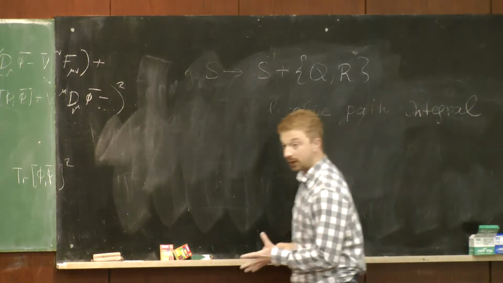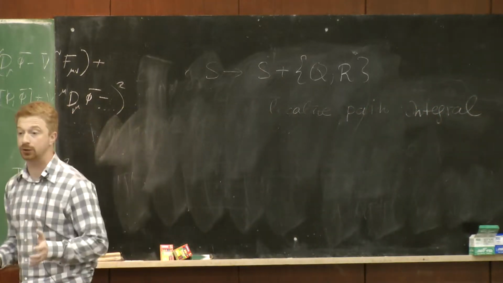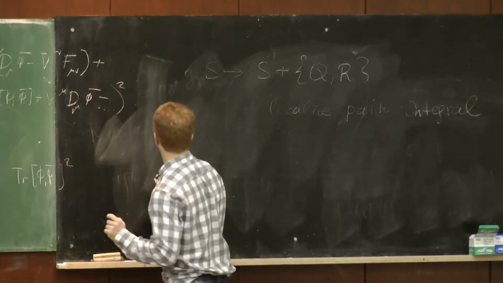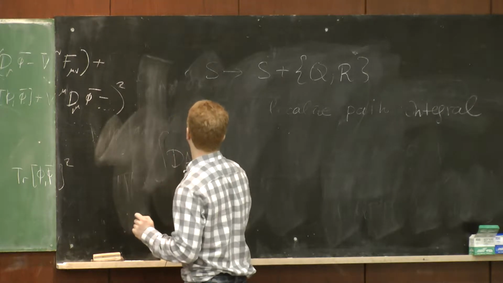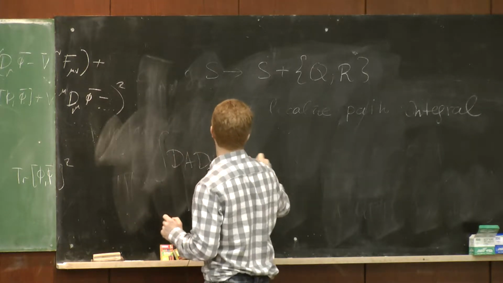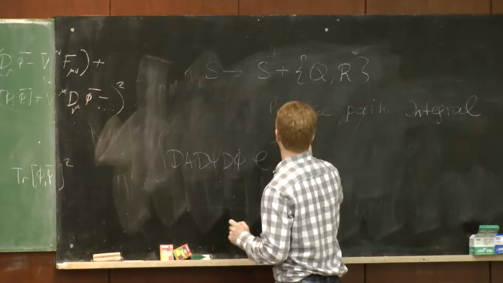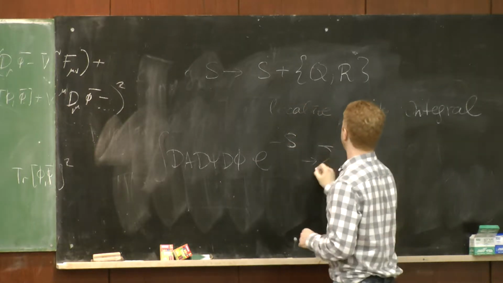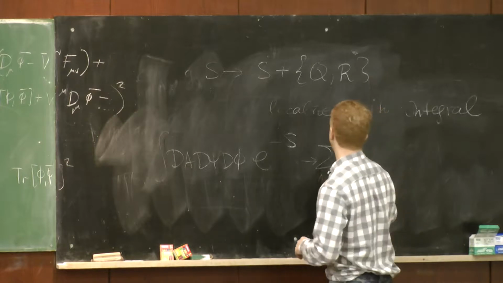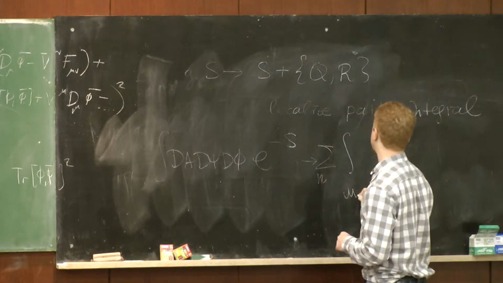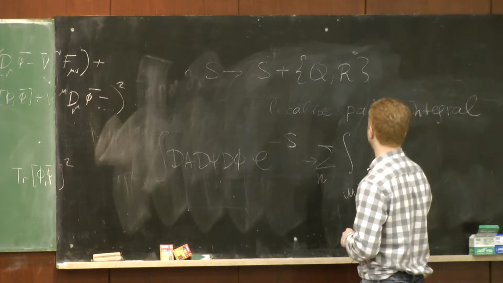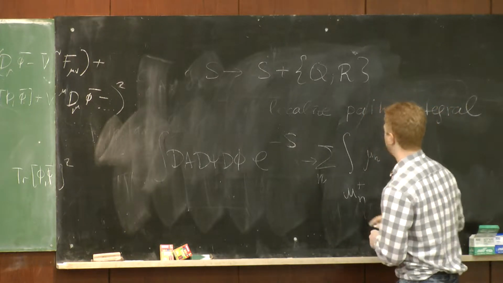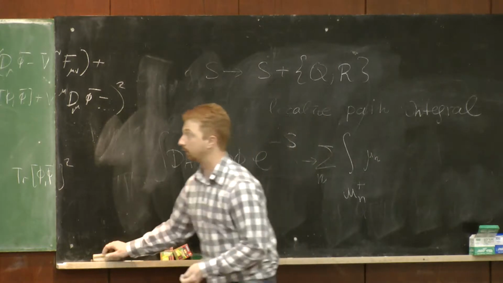And what will it localize to? It will localize to the integral over instanton configurations. So the original path integral will become now a sum of instanton charges, and then the integrals over the instanton moduli spaces of some measure, which I will now describe.